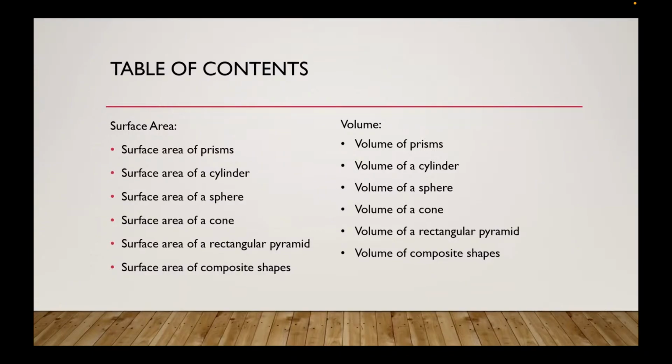So volume of prisms, cylinders, spheres, cone, rectangular pyramids and of course composite shapes as well. Okay, all of these dot points could and may be tested when you have your exam next week. So it is very important that we learn how to do all of these questions.